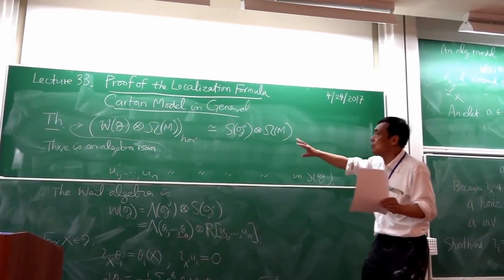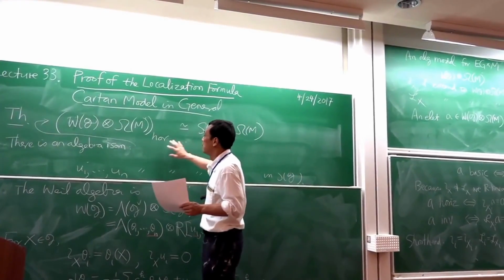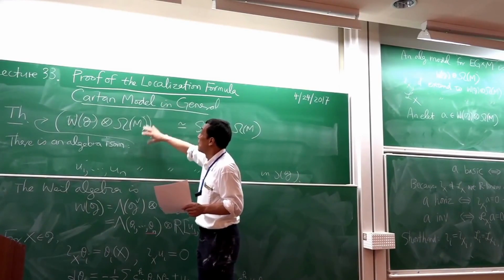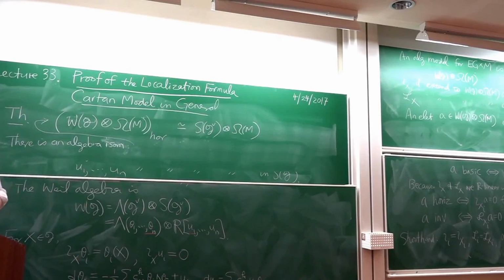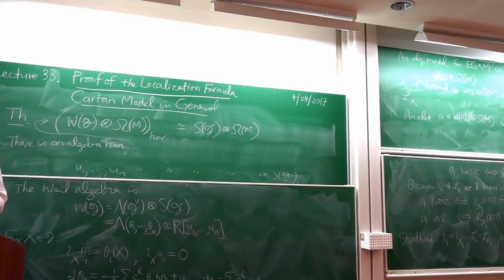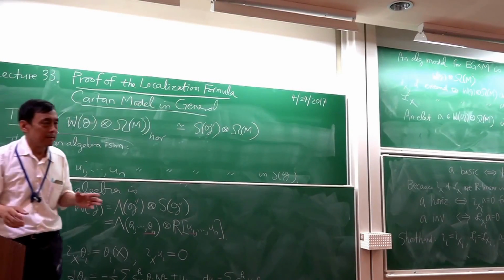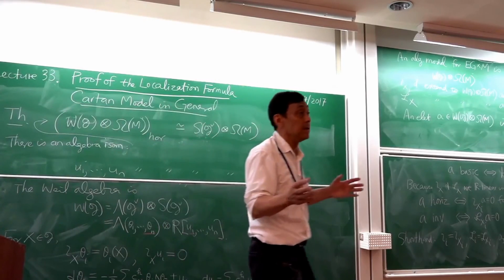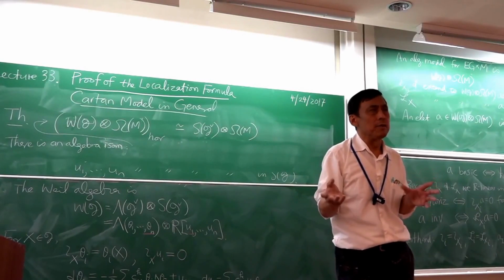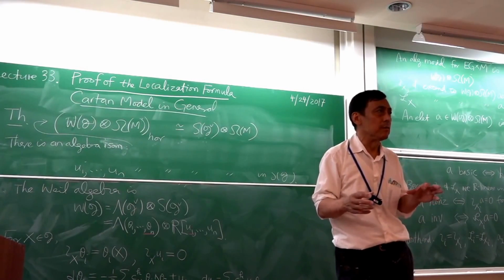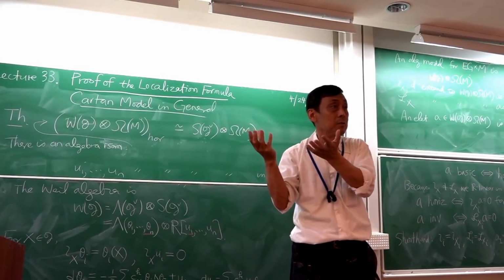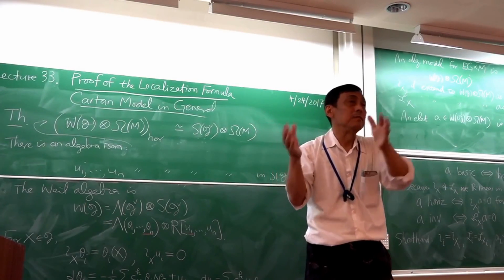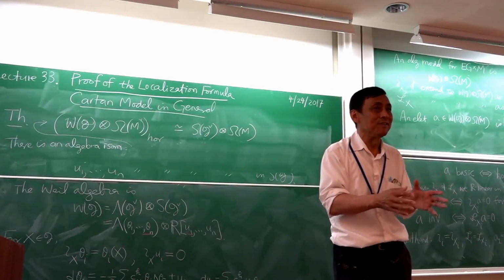So next time we'll work out the Weil model and then the Cartan model for a general connected Lie group. And then we can generalize what we have done. But the localization formula is true only for a torus action. So we'll generalize the Cartan model to a connected Lie group, and then we specialize to a torus.